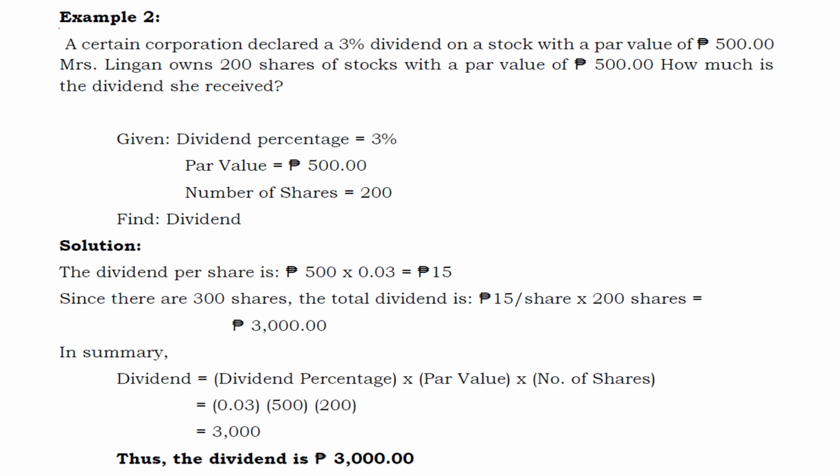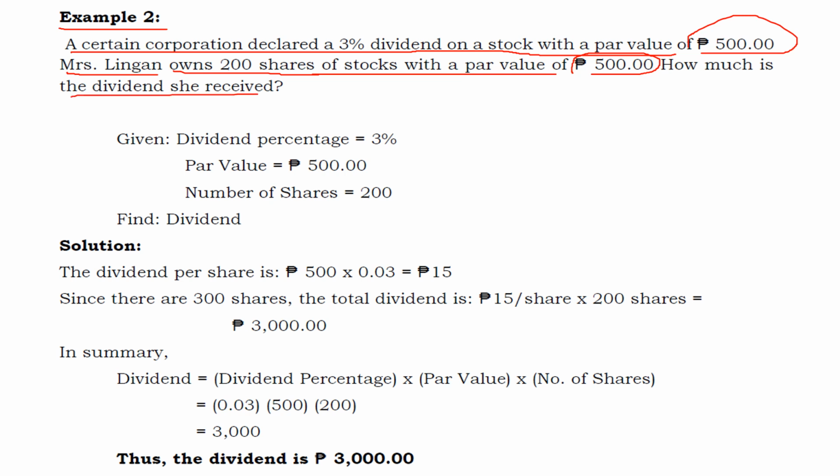For example number 2, a certain corporation declared a 3% dividend on a stock with a par value of 500 pesos. Mrs. Lingan owns 200 shares of stocks with a par value of 500 pesos. How much is the dividend she received?